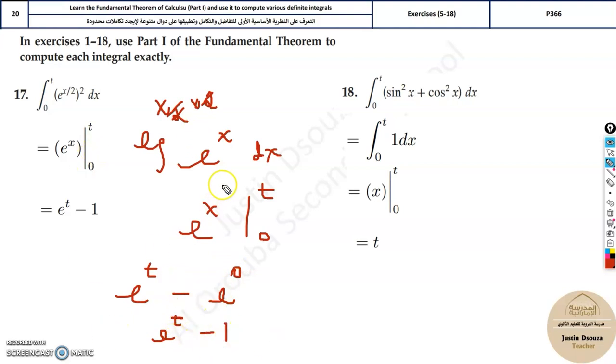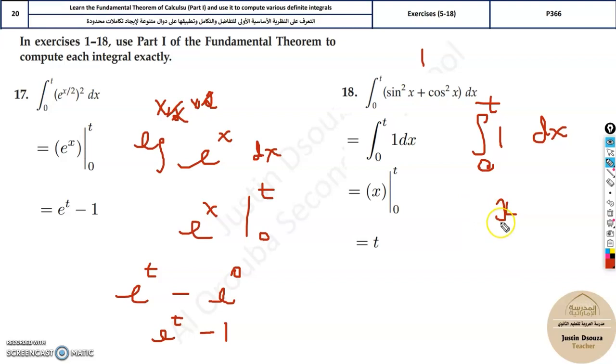Now over here, likewise, sine square x plus cos square x is equal to 1. That is a standard formula which we must always remember. So now this dissolves to 1. Integrate this from 0 to t, dx. The integration of a constant 1 will be x.